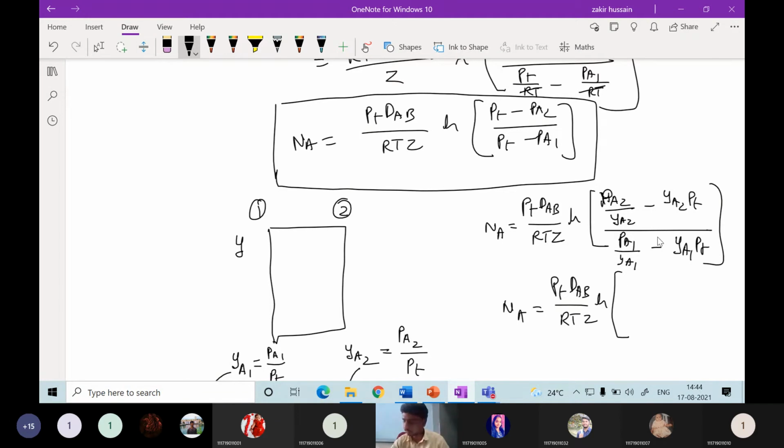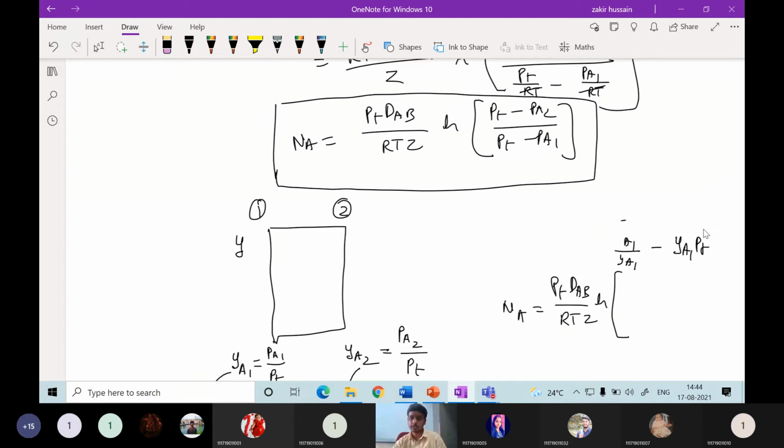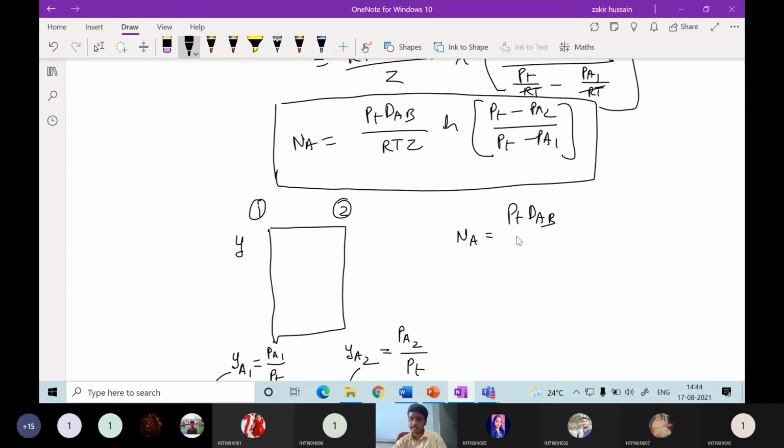This is also correct only, but a small mistake we have made here. We don't have to substitute anything for Pt, then it will be very easy. Na is equal to Pt into DAB by RTZ, and this is the same.